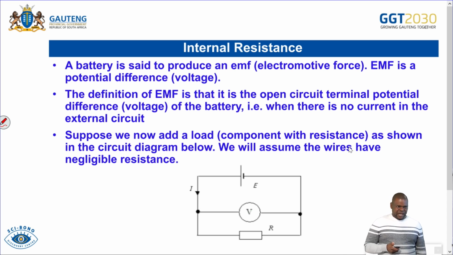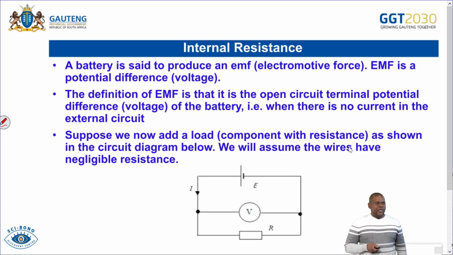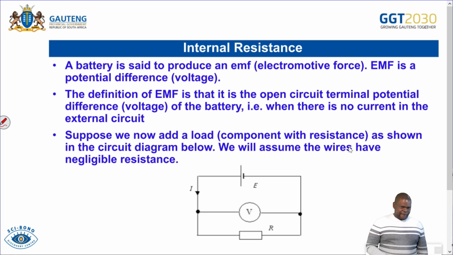A voltmeter. Are we together, grade 11? That means if you connect a circuit and you leave the switch open, when you use a voltmeter to measure the voltage, that number you're going to get will be your EMF.